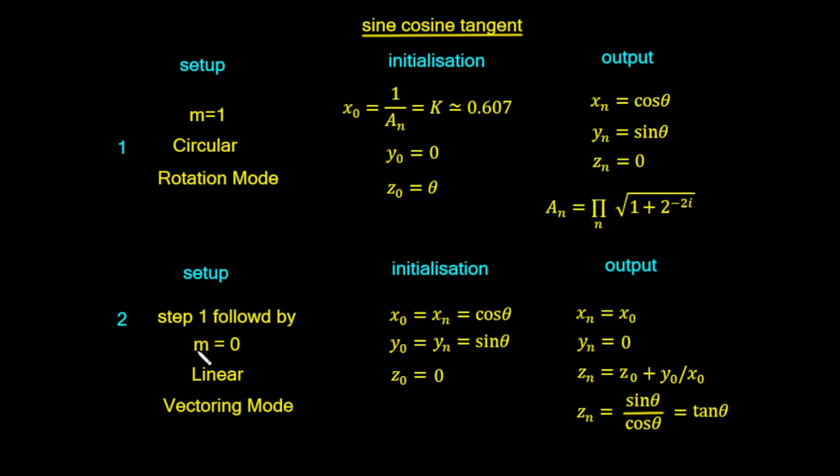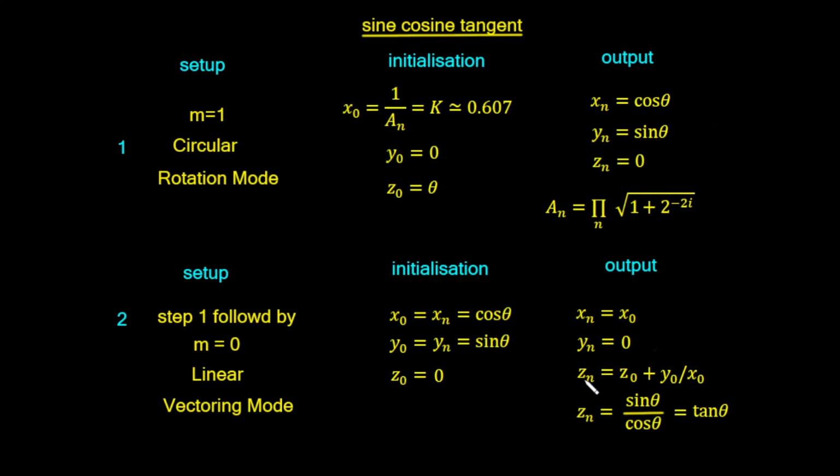We set m is equal to 0, so we're now in linear and in vectoring mode. We use the initialization x0 and y0, which will be the output of the first step here, which in effect would be our xn here and the yn here. And we set z0 is equal to 0.